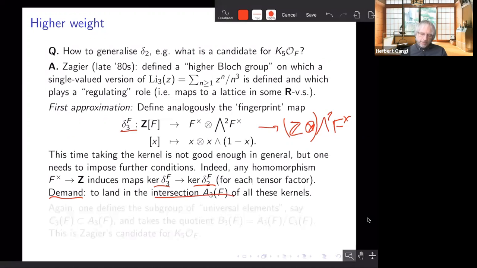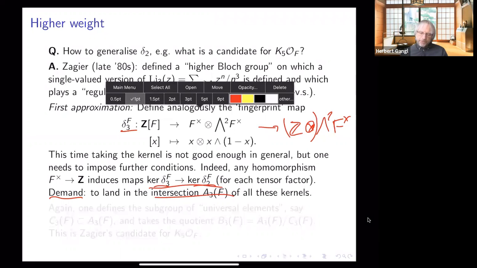So you take the kernel of those maps and the intersection of all these homomorphisms. That should be the right thing to go for. And then again, one can define a subgroup of universal elements.